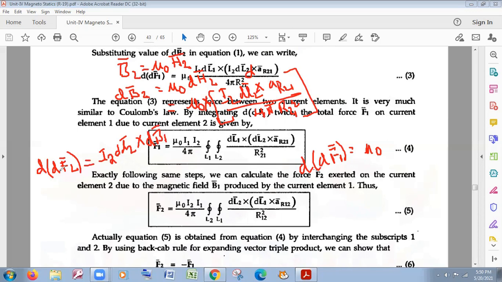Got it, my dear students? The differential of the differential force dF2 bar is equal to I2 dL2 bar cross dB1 bar.